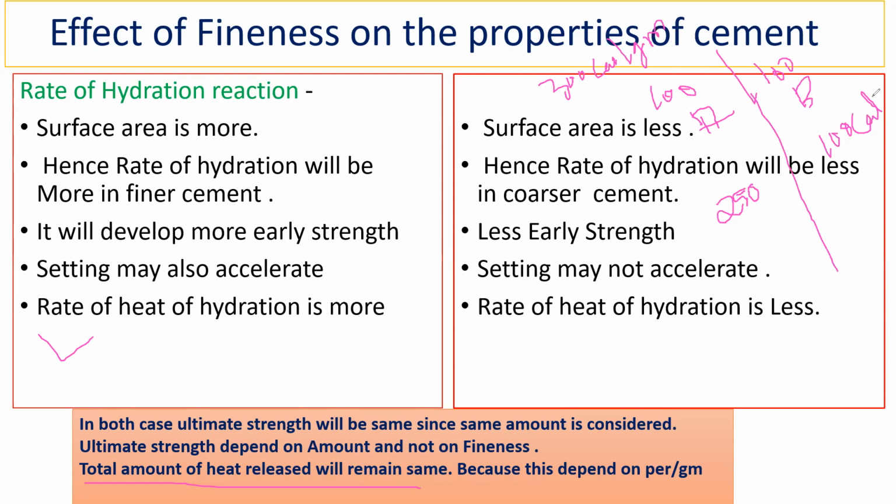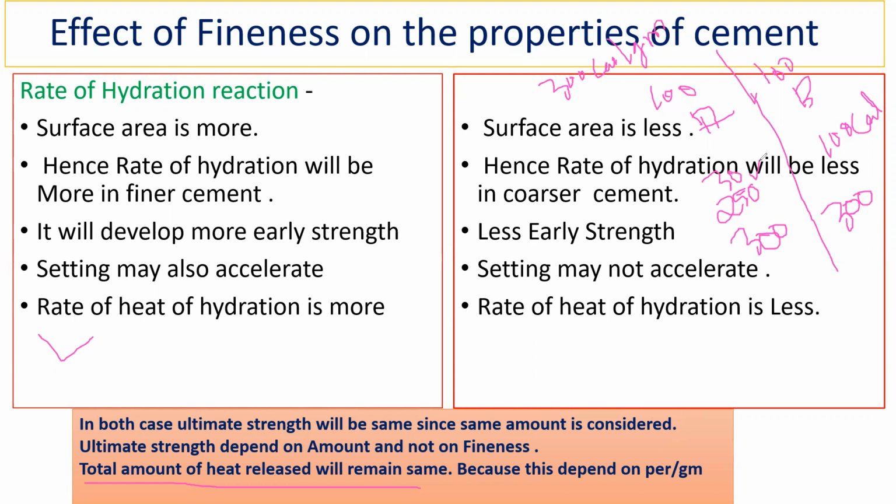But finally, when everything is completed, the final heat of hydration will be the same. Even though initially the gain was 250 calories per gram, finally it will go only up to 300 calories, because that is the heat of hydration of this particular sample we have taken. Here also it will go to a maximum of 300.